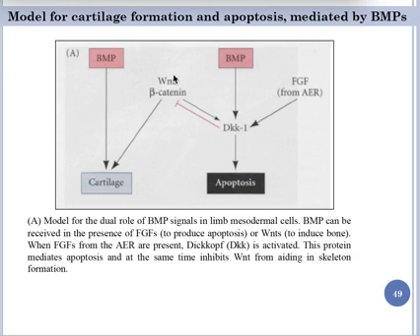But to prevent the effect of Wnt, when the apoptosis pathway is activated, DKK1 will prevent the activity of Wnt in order to activate apoptosis and prevent the formation of cartilage. It means that we cannot have both processes at exactly the same time.